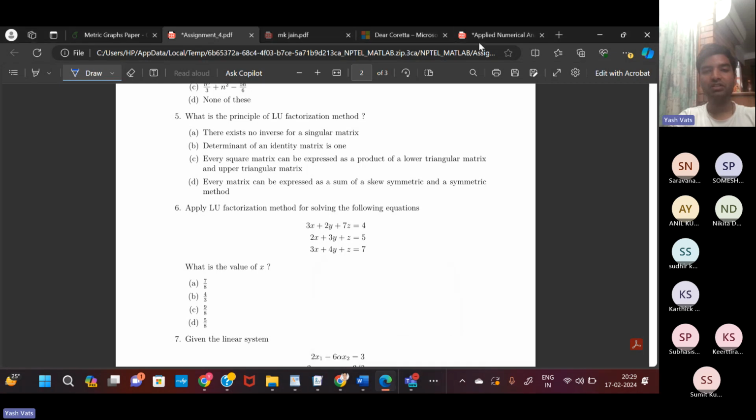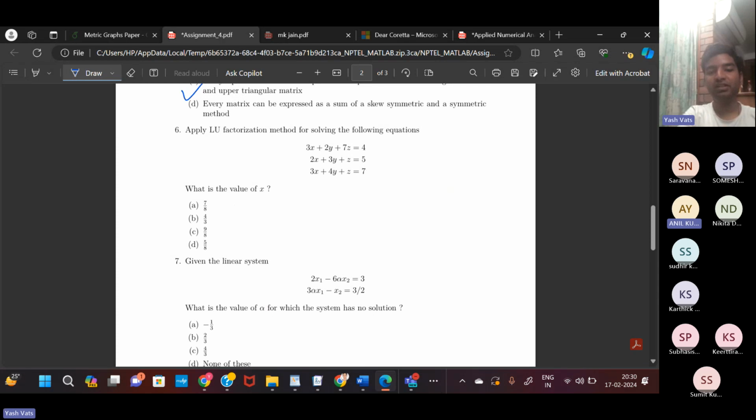Which one is true? Option C. Yes. So you can decompose every square matrix as the product of a lower triangular matrix and an upper triangular matrix. So C is right.